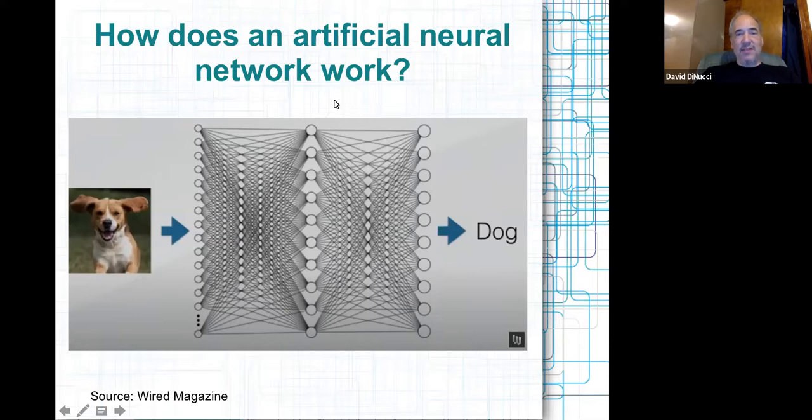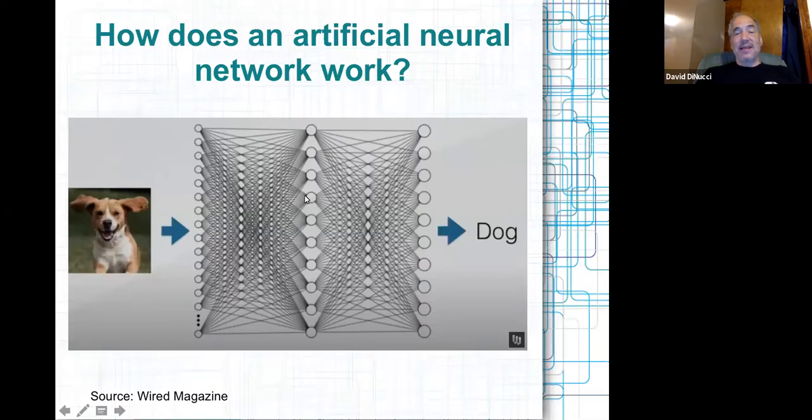So these are just very simple neurons. And the idea is that each one of these lines represents a connection between this neuron and the neuron at the other end of the line. And each one of these lines has a weight associated with it. That weight is between 1 and -1, and it represents how strong the connection is between those two neurons.